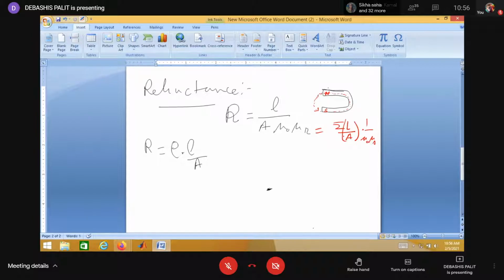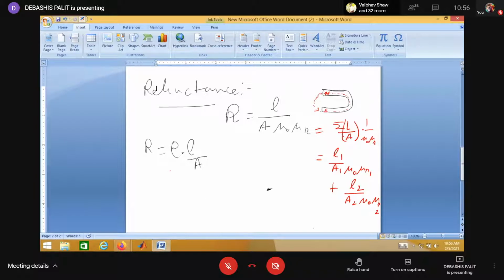If the magnetic medium has path length L1 and cross section A1, and the air medium has path length L2 and cross section A2, then you can write it as L1 by A1 mu 0 mu r1 plus L2 by A2 mu 0 mu r2, like this.